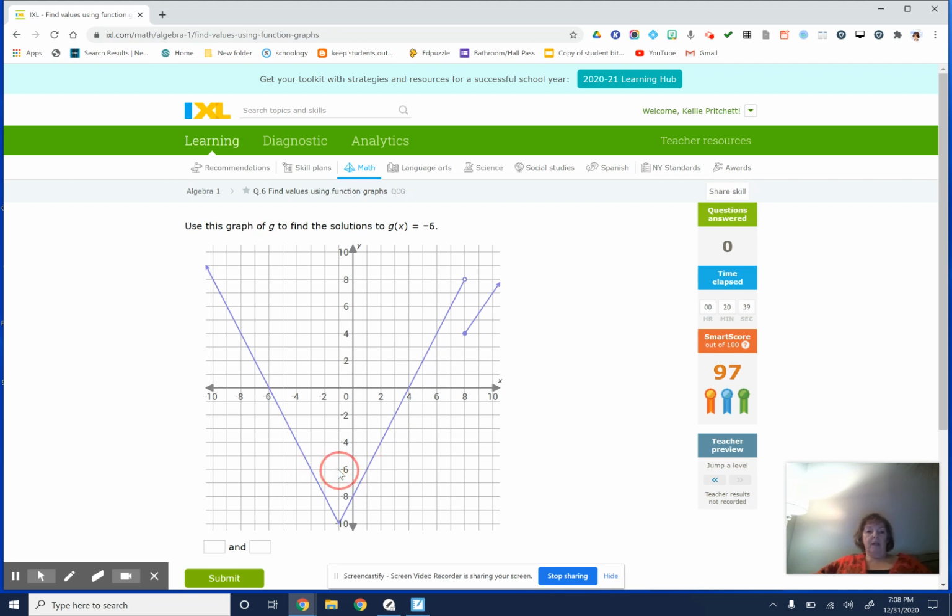So let's see, when I go to the left and I go up, the x is -3. And when I go to the right, x is 1. So -3 and 1. Let's see if there's, oh, and that's it. So there we go.